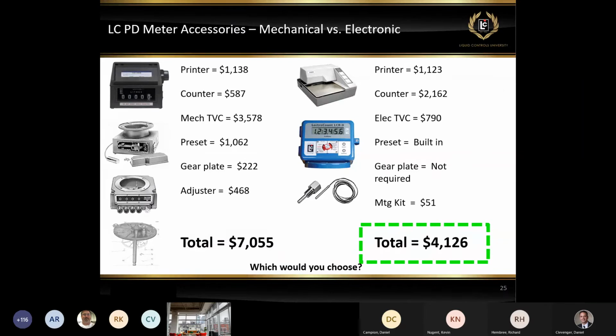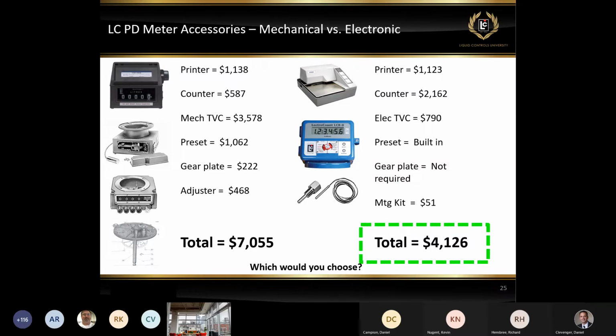Part of the reason why you're seeing electronic temperature compensation becoming more popular is certainly price. And the price on this one, as you can see as a comparable, the printer, counter, mechanical TVC, preset gear plate, and adjuster, their list price totals up to be $7,055.